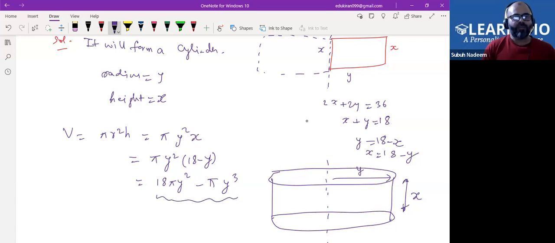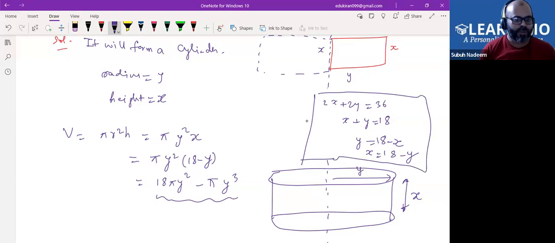This is a variable y here, not only x; you have substituted in terms of y from this relation. So differentiate this with respect to y, equate it to 0, and just see what is the value of y that you are getting.